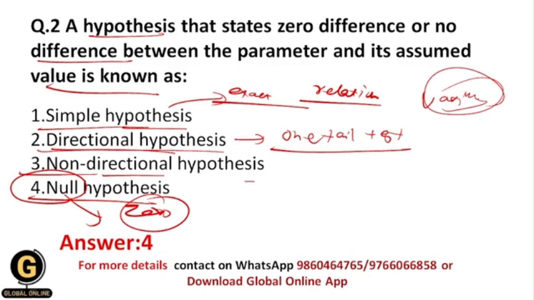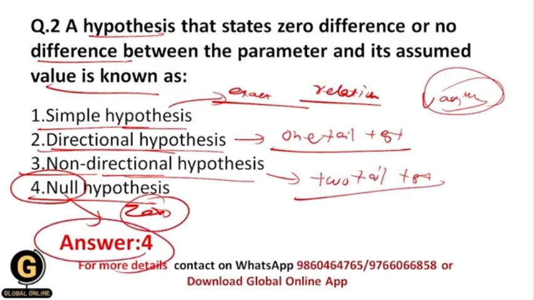And what is non-directional hypothesis? So this is exactly opposite to the directional hypothesis. Okay, because here the hypothesis does not state the direction of the results of the test, and that's why this hypothesis is tested by a two-tail test. And that's why your correct answer should be 4, students, which is null hypothesis.